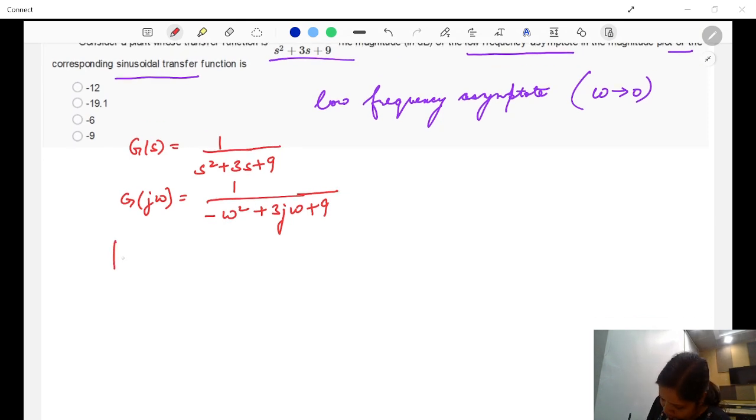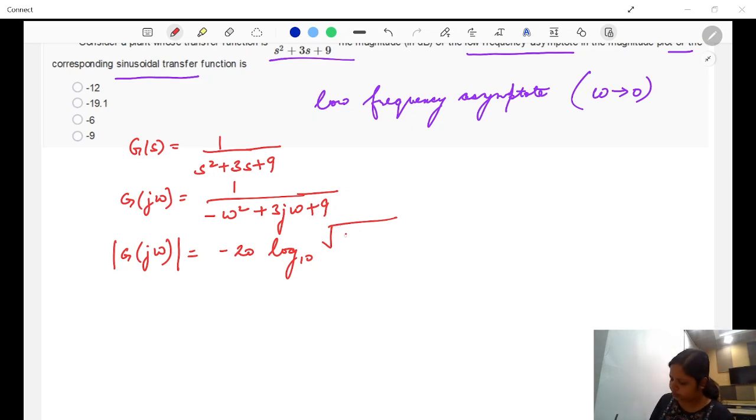Now, when we try to find the magnitude, it is minus 20 log 10 of, can anyone tell me what is the value that you'll get here? 9 minus omega square. 9 minus omega square, plus 9 omega square, in the whole square way.